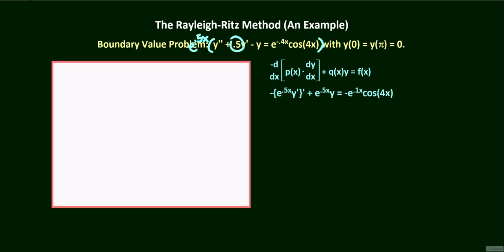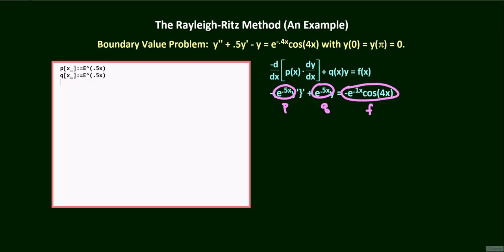Then we change the sign of every term. So p of x equals e raised to the 0.5x power. q of x is also e raised to the 0.5x power. And f of x equals minus e raised to the 0.1x power times cosine 4x.